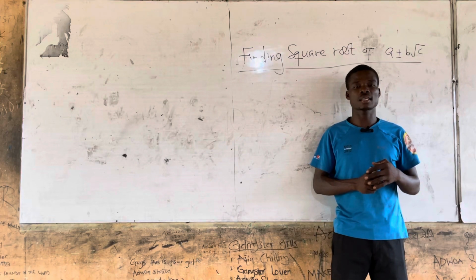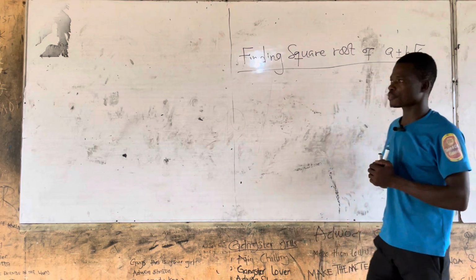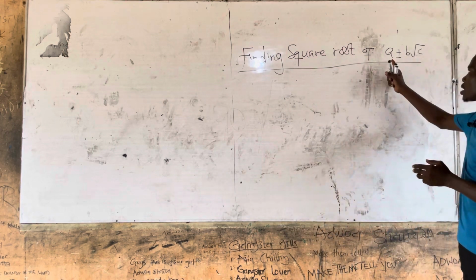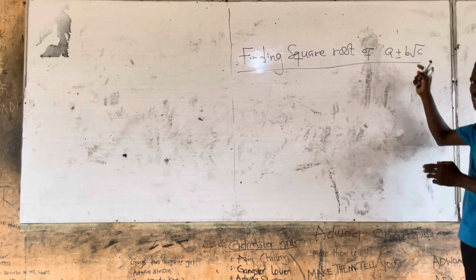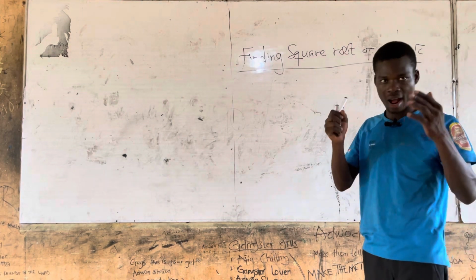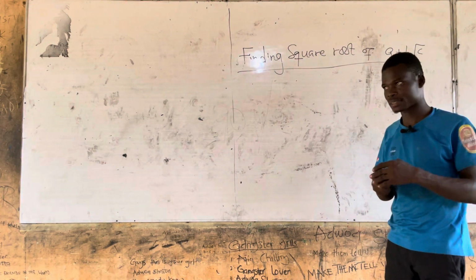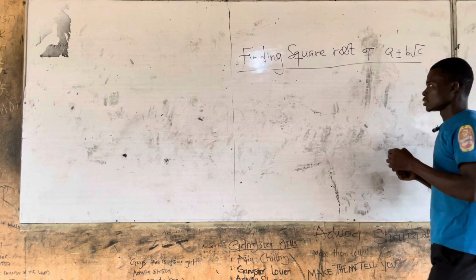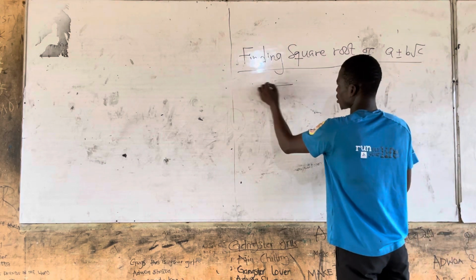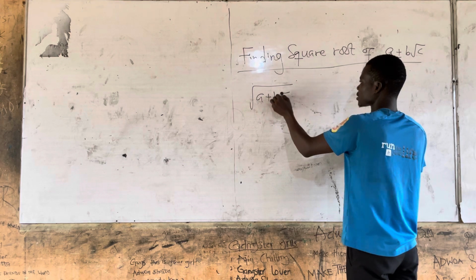By the end of this lesson, you should be able to find the positive square roots of a set in the form a plus or minus b root c, whereby a, b, and c are constants, or they are all rational numbers. So now, suppose we have square root of a plus b root c.